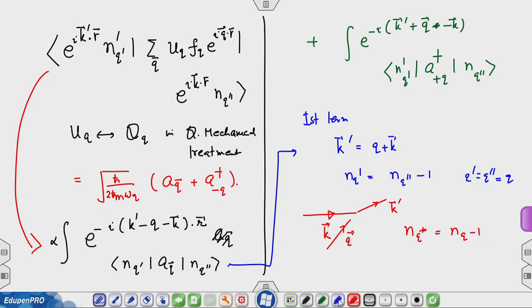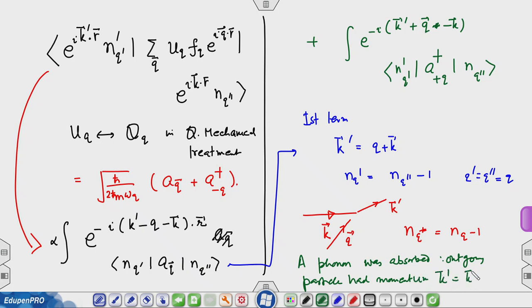So that means a phonon was absorbed, such that the outgoing particle had momentum k prime equals k plus q, and energy which is also added because this phonon has been destroyed.